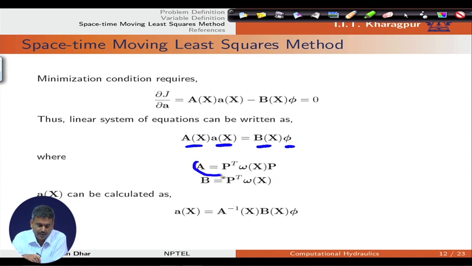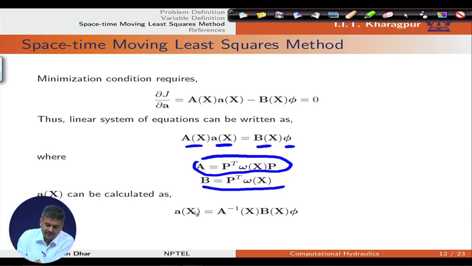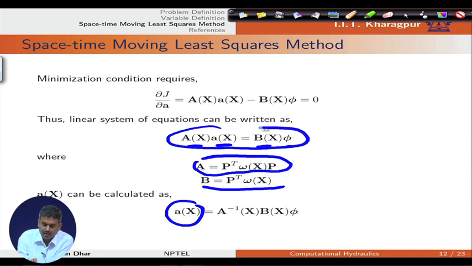A and B can be calculated based on P, omega and P values, and B again can be calculated from P transpose omega x, and further this Ax can be calculated directly from A inverse B from this particular equation or expression.